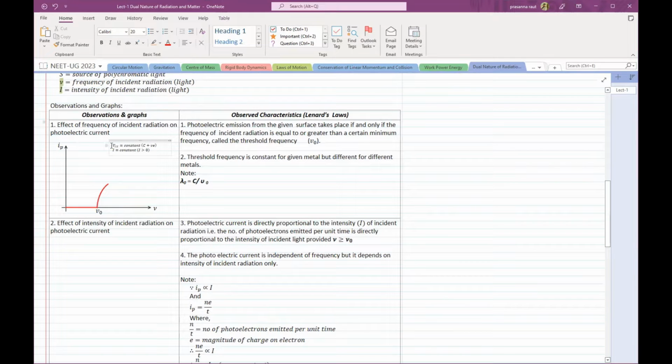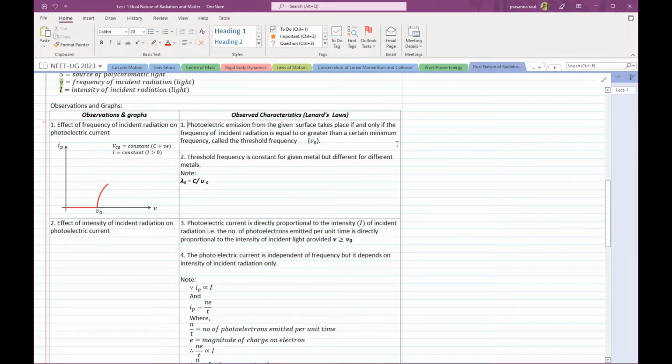Of course, the other two things, that is VCE, the voltage between collector and emitter, because you are connecting it to a battery, and the intensity of incident radiation are kept constant. So it is observed that as you increase the frequency gradually from 0 up to a certain frequency, there is no photoelectric current seen, and thereafter when you increase the frequency, the photoelectric current suddenly increases.